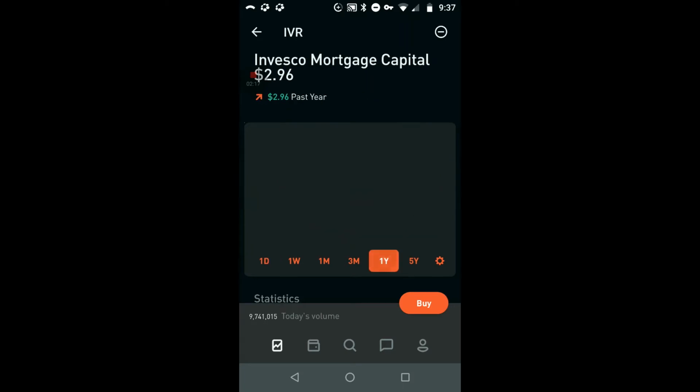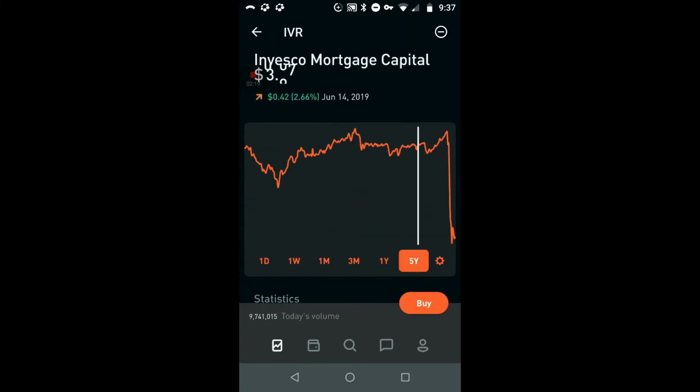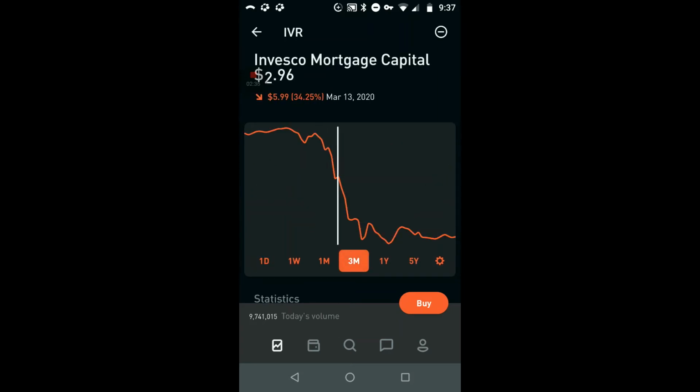So this stock here has had a pretty solid little dip here in 2016, but pretty solid $14 to $16 value up until that almighty March, beginning of March, when everything shut down.